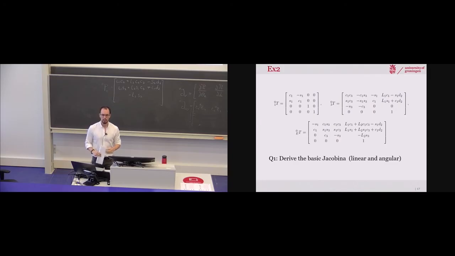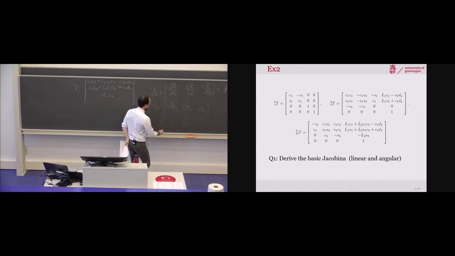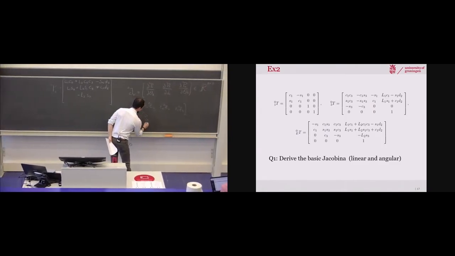It is just the upper left block of the transition matrix T from 0 to 1. Therefore, I look at the text of the exercise, and I can immediately see that it is 0, 0, 1. Okay?